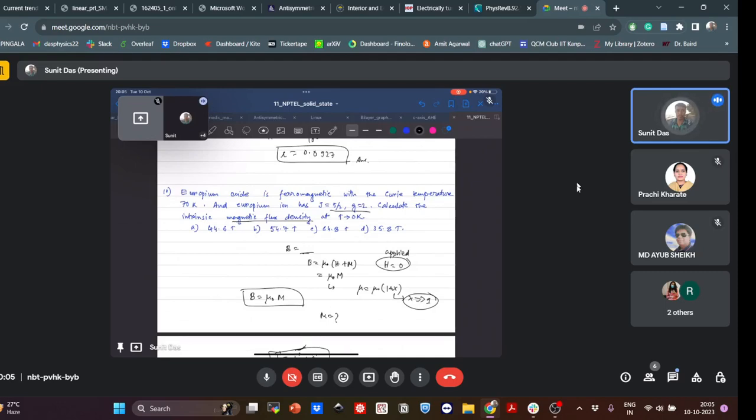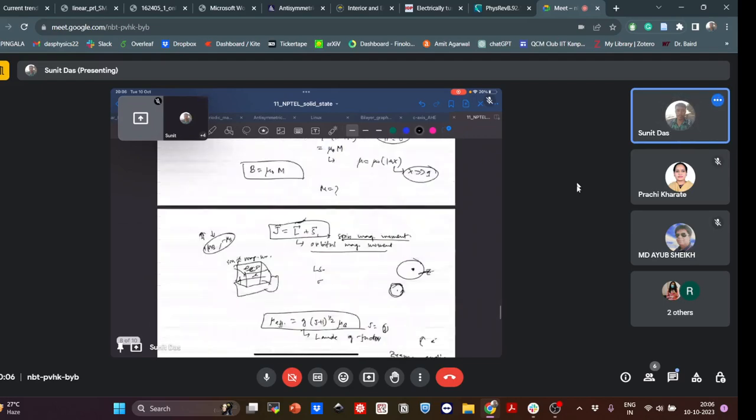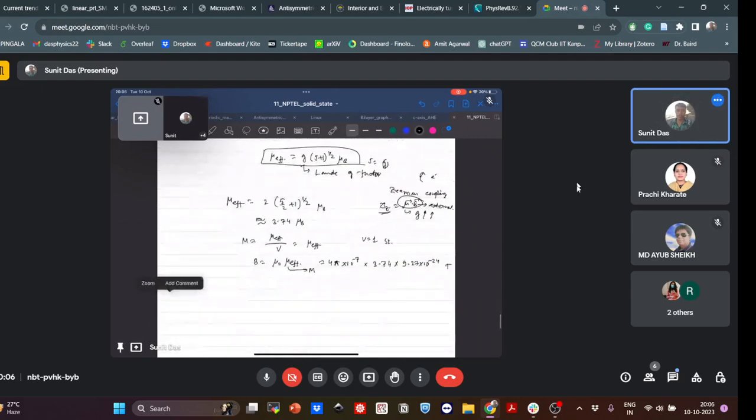Some susceptibility will definitely be there. And then J and g are there, that is fine. But it will come out very small. 10 to the power minus 7 is there, and then 10 to the power minus 24 is also there.